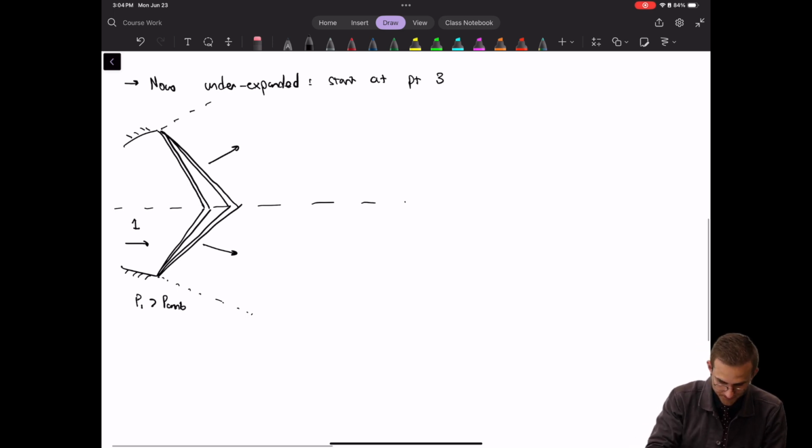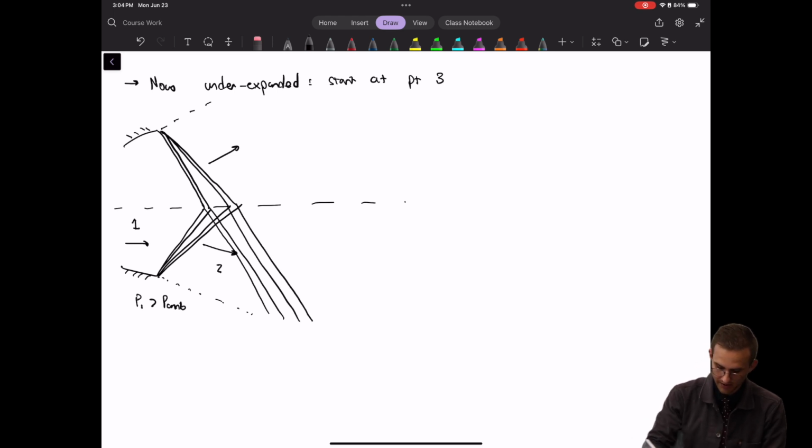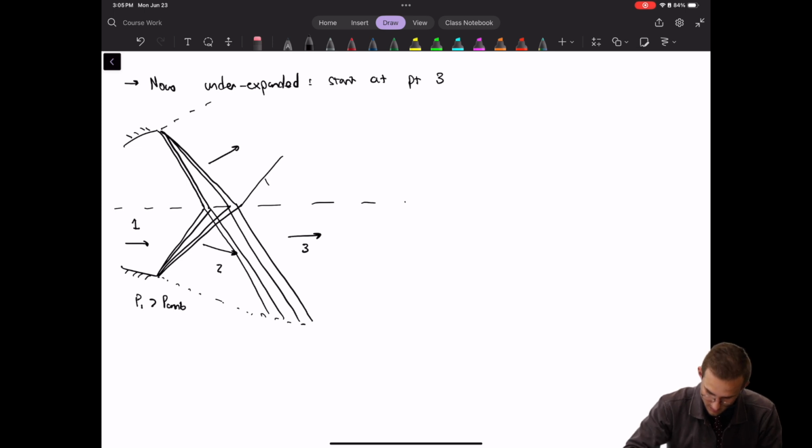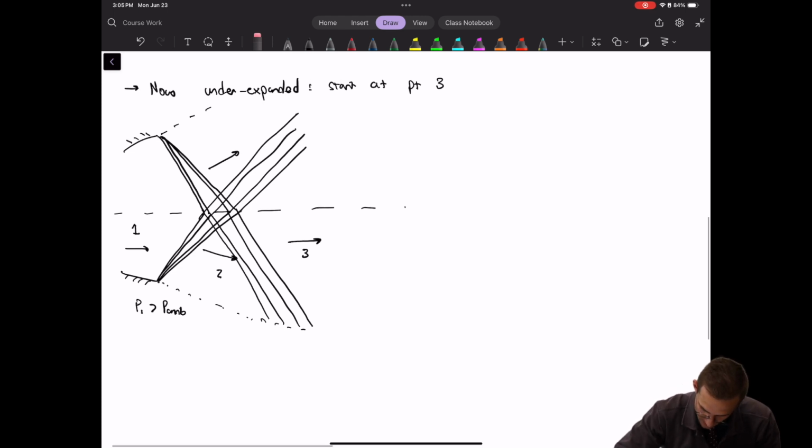And so you have two here, and then these expansion waves continue. You can draw them that way. And now, just like before in station 2, we need to turn back inwards through another expansion to be parallel to the center. Apologies for the messiness of the drawing.